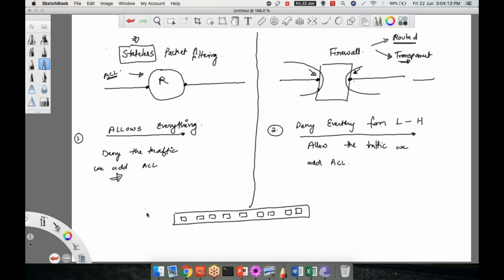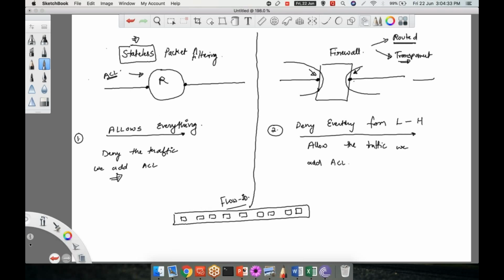Whenever a connection is made between a source A and a source B, it gives an ID, and that ID is also called a flow ID. Every flow consists of multiple packets.